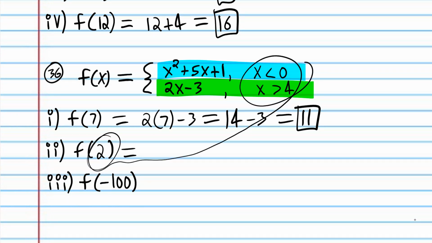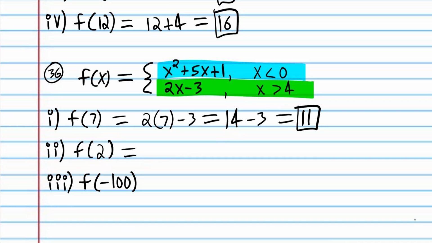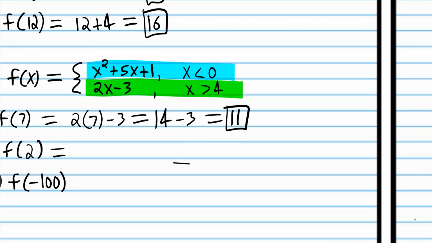So where does that fall here? Well, it doesn't fall anywhere. If you draw a number line, we have 0 and we have 4. And by the way, these are both open dots.